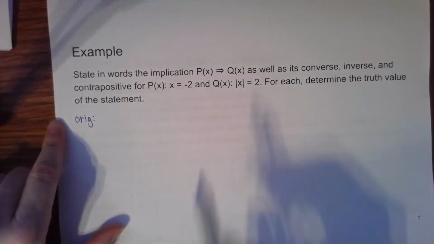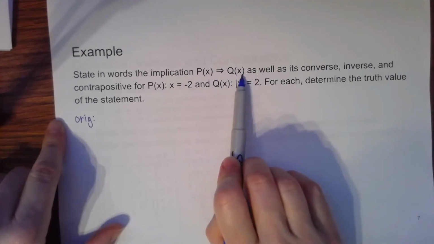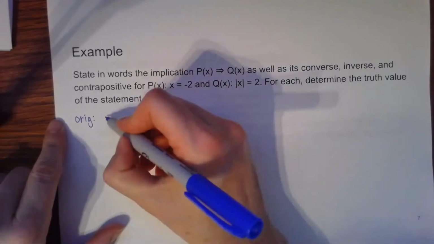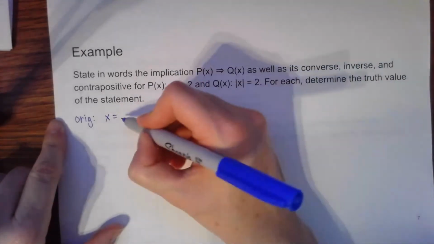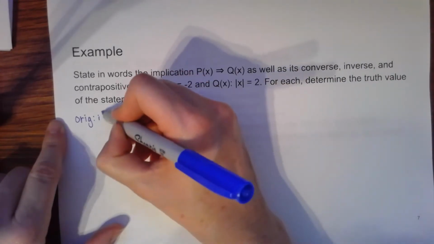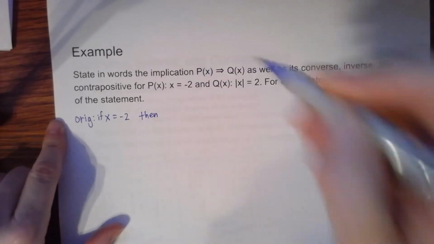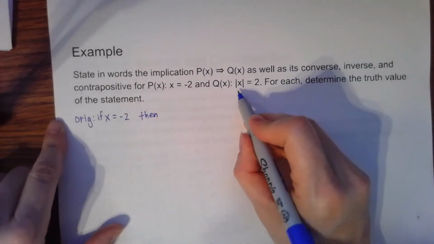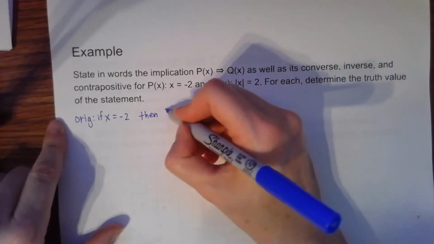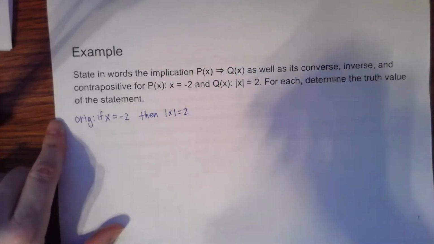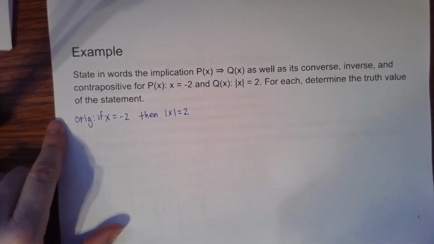Our P of x is x equals -2, so if x equals -2, then our Q of x is absolute value of x equals 2. That would be the original statement.